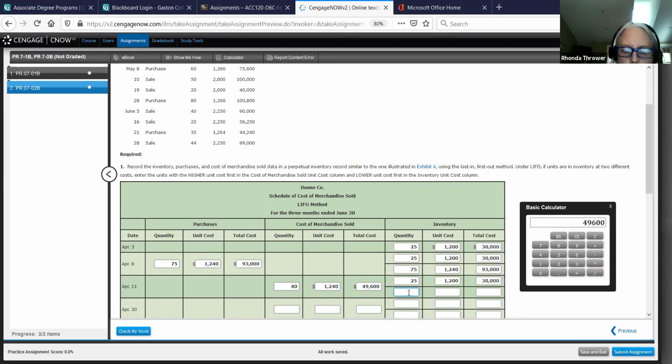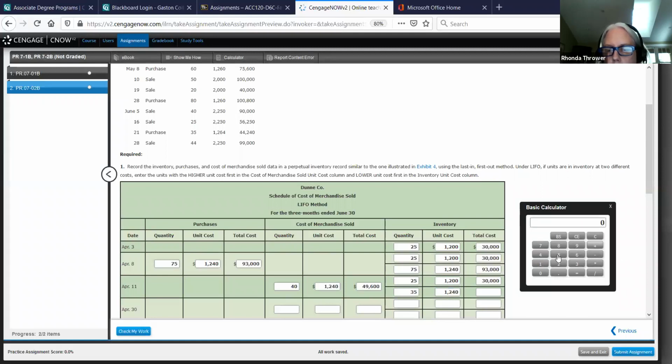So we only have 35 units left at, excuse me, at 1240. Because I'm drawing from these units right here. I sold 40 of the 75, so I have 35 left at 1240.